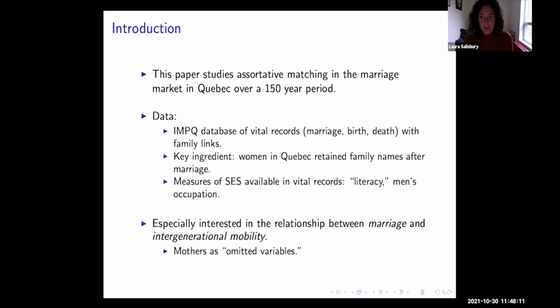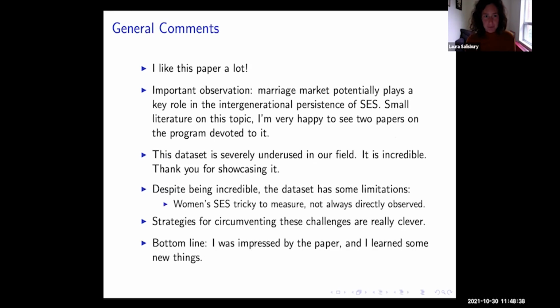So the fact that mothers' human capital is correlated with fathers' human capital means, essentially, mothers are, when not observed, omitted variables in these intergenerational regressions, right? So, in that sense, it really matters how related mothers and fathers' human capital is, right? If mothers impact their children, that's going to really matter for measures of intergenerational mobility.